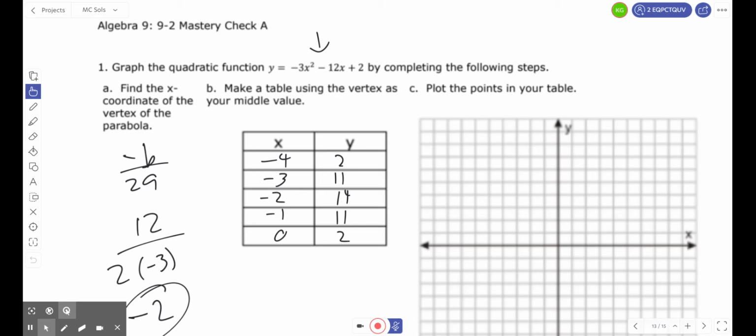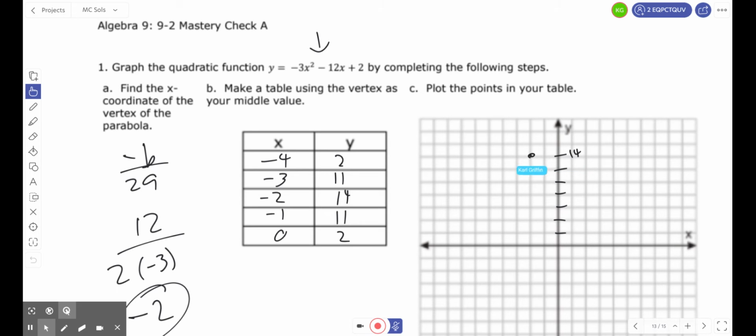And then we plot those points for part C. I'll start with the vertex. We're going to go up by 2's because otherwise we won't be on the graph. So 2, 4, 6, 8, 10, 12, 14.